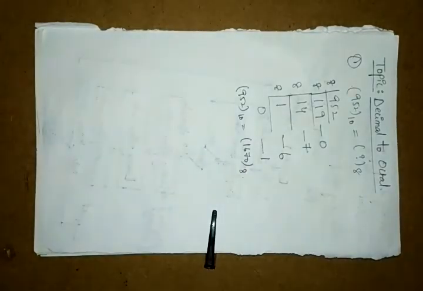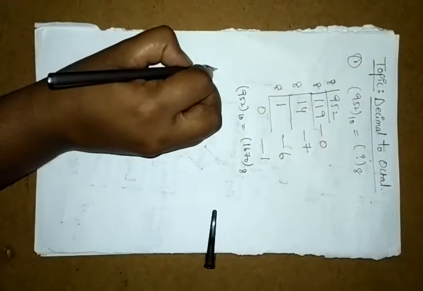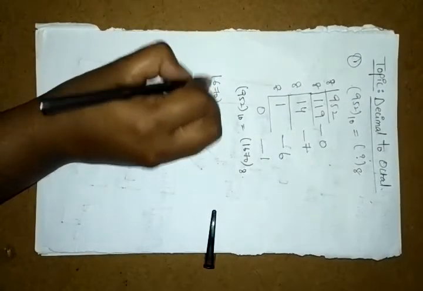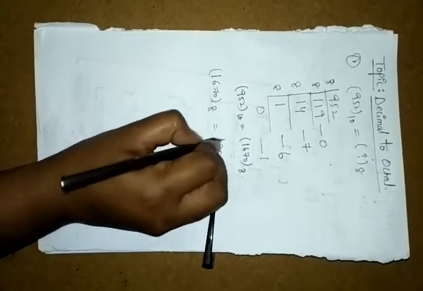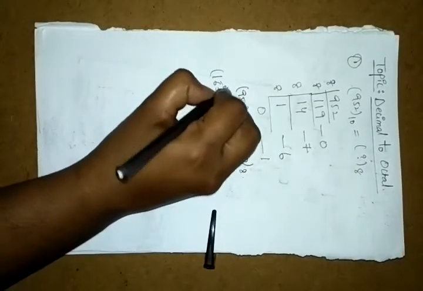Check if it is correct or not. You can check this with the octal to decimal conversion. Here I am taking 1670 base 8 and converting it to 952 base 10, which it must equal. The place values are 8 power 0, 8 power 1, 8 power 2, 8 power 3.